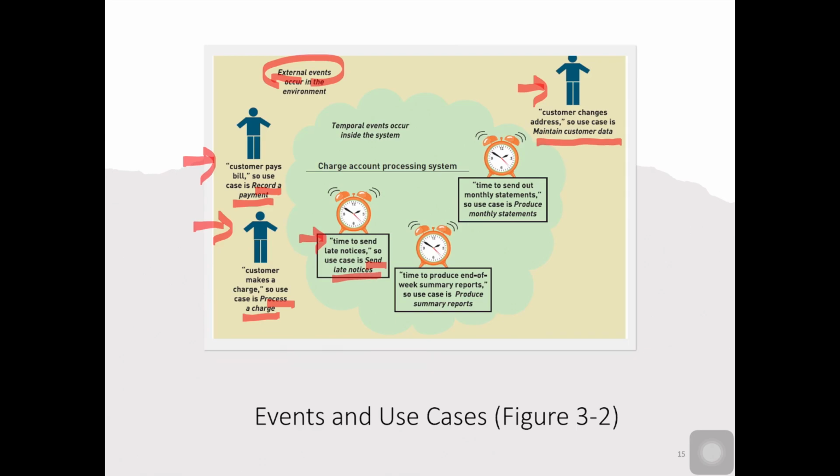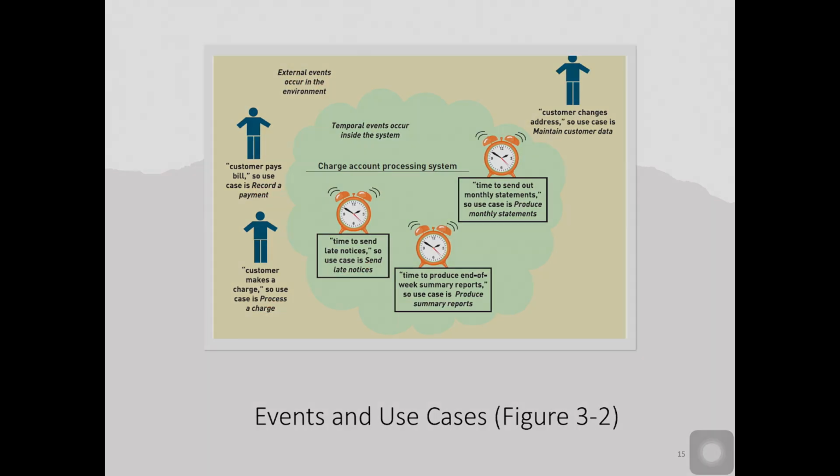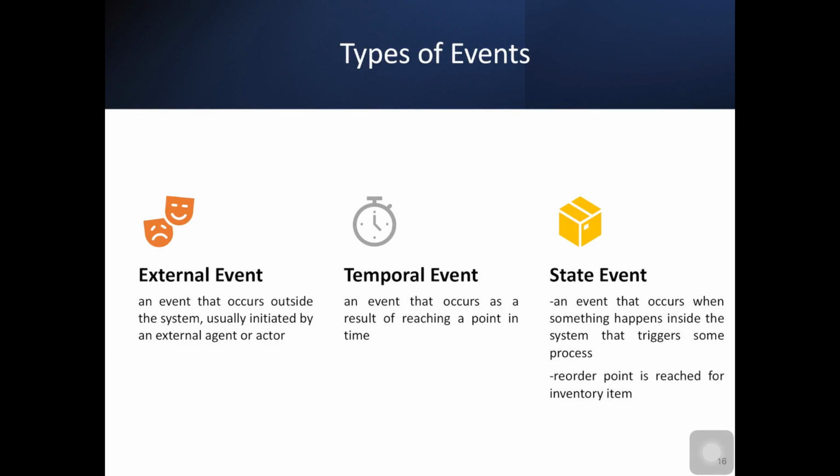How can you identify the events and the use cases? There are 3 types of events. First is the external event, second is the temporal event, and lastly is the state event. An external event is an event that occurs outside the system, usually initiated by what we call an actor.